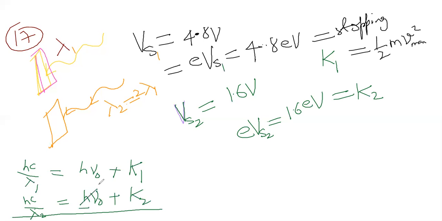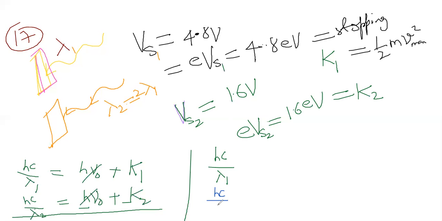Now subtract the equations. This will get cancelled anyway. And now substitute these values. hc by lambda 1, first you write. If you subtract, you cancel hc and hc? No, no, no. How can you do that? I told you, you have to take LCM. Why can't you cancel hc and hc, they have the same values? They are in the numerator, the denominator is not the same, right?